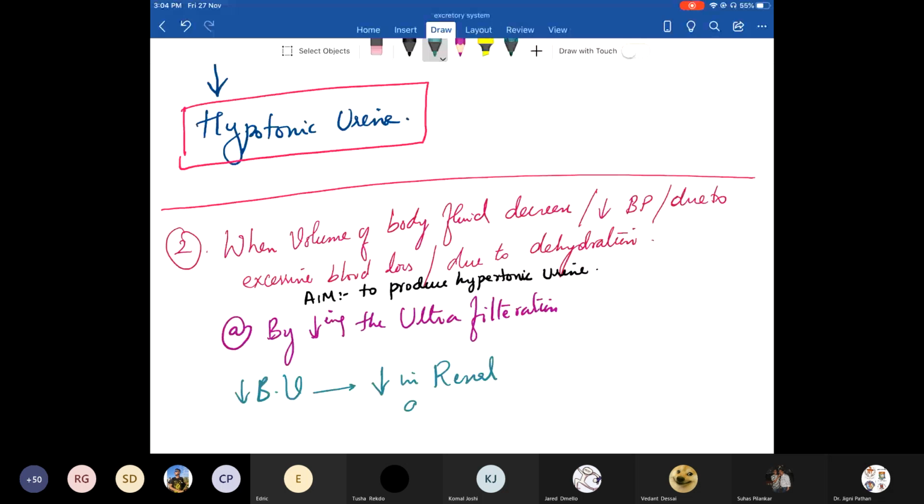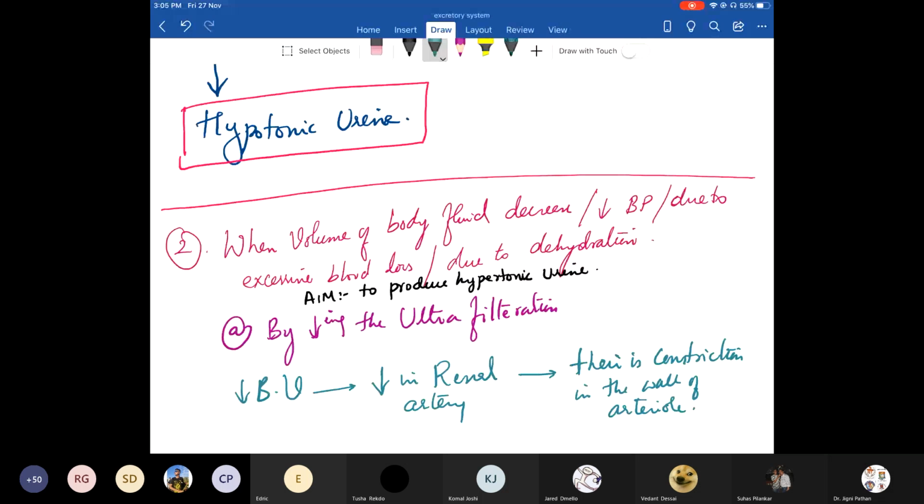When there is a decrease in pressure, this leads to constriction of the wall of the artery or arteriole.